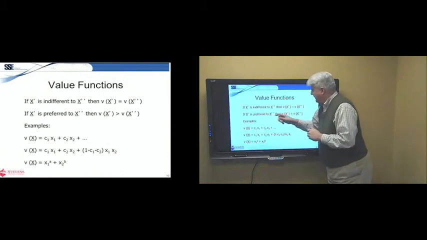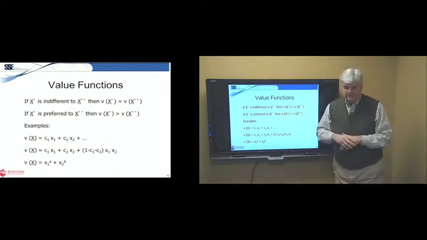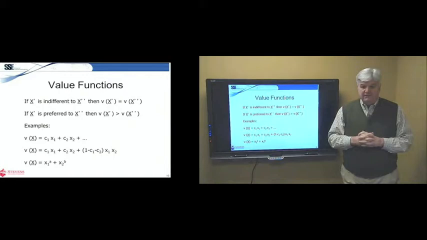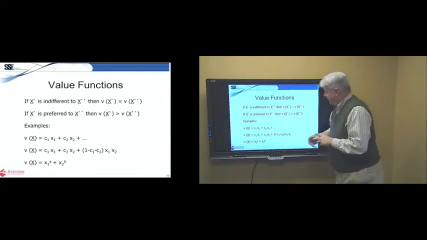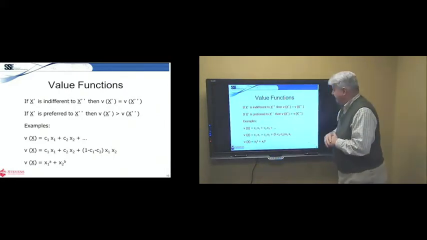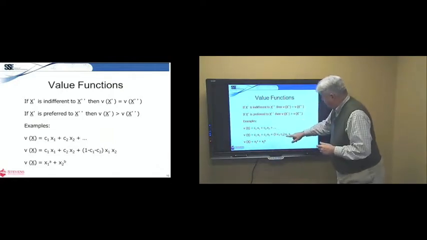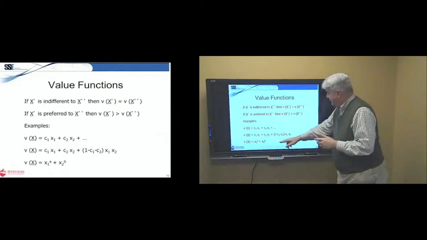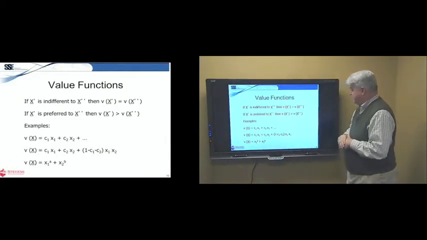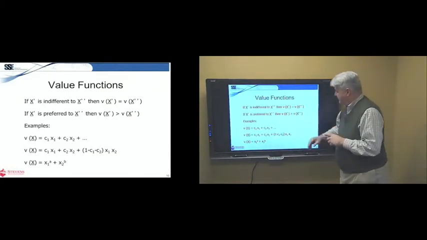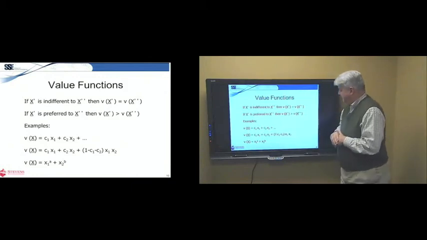If we prefer one to the other, then its value must be higher than the other. Okay? Again, just a definition of a value function. There are various examples. Here we have a linear value function. Here we have one that's called multilinear because it has a cross term here. And then we can have ones with power relationships, etc. We're going to look at these two in more depth.